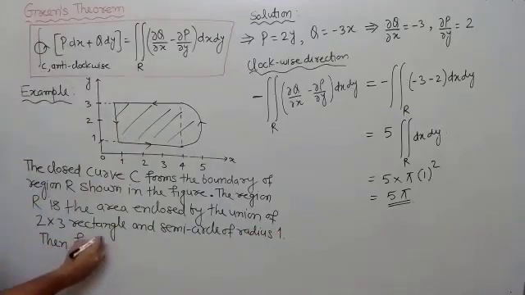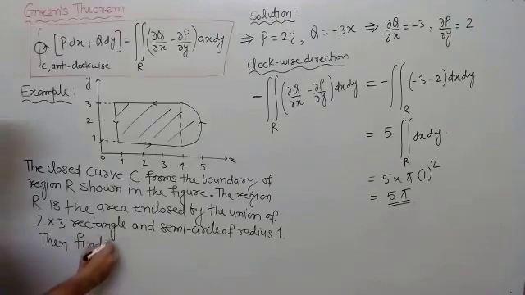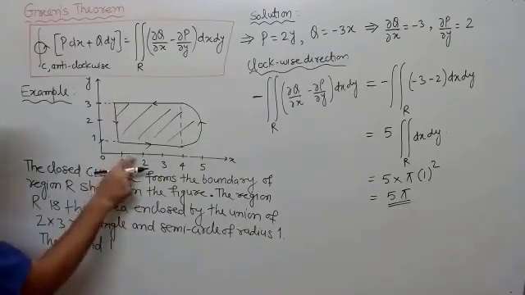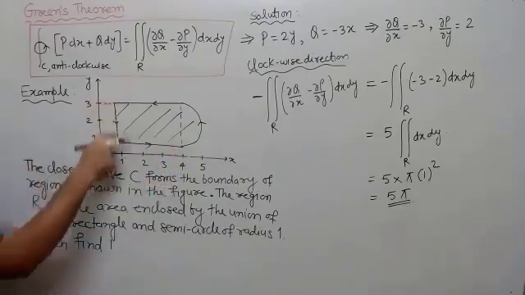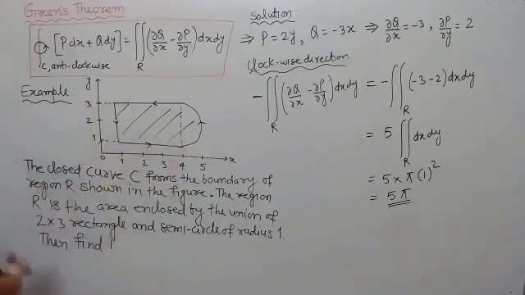It should be 3 cross 4. This is 2 cross 3. This unit is 2 and this unit is 1, 2, 3. You can see, this length is 2 and this is 3 units.